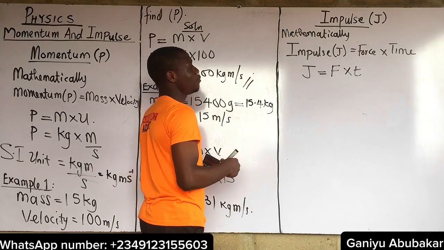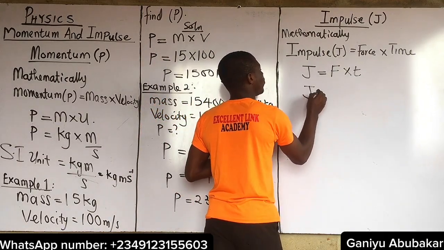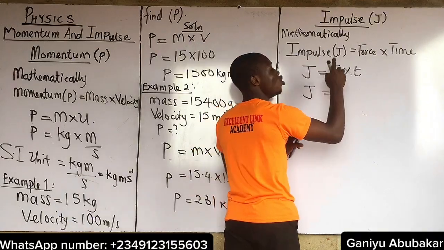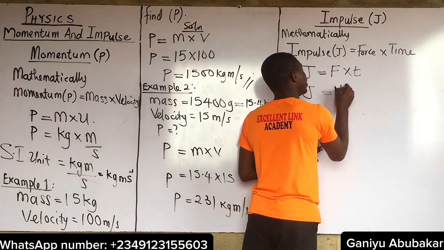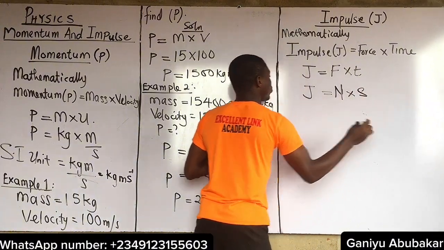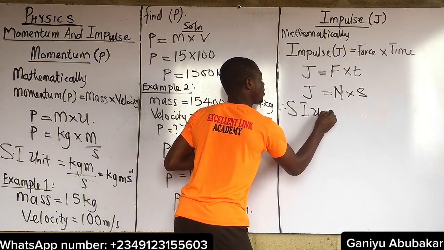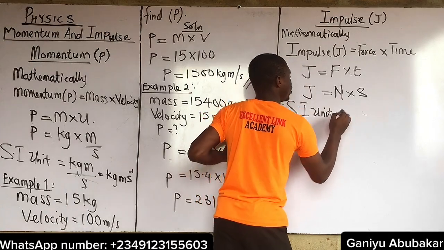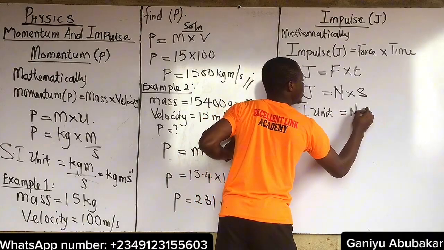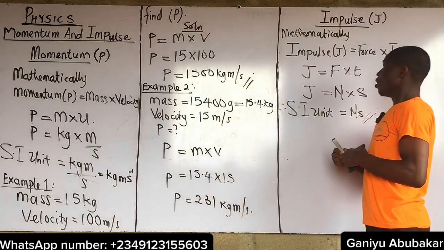Let's get the SI unit for impulse. Force is measured in Newton, and time is in seconds. Therefore, the SI unit for impulse is Newton second.